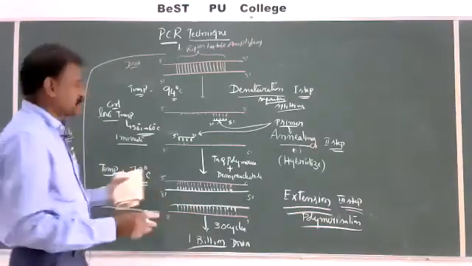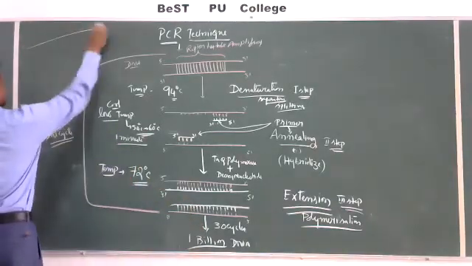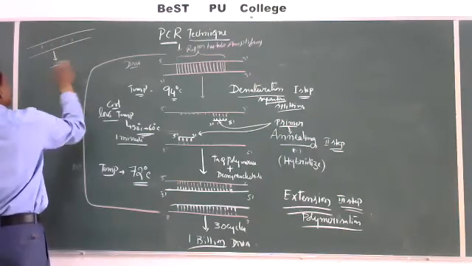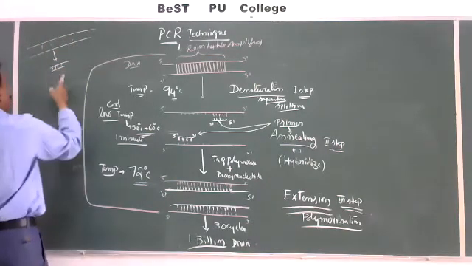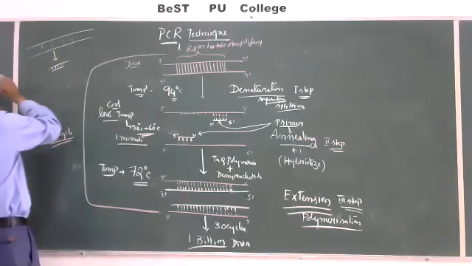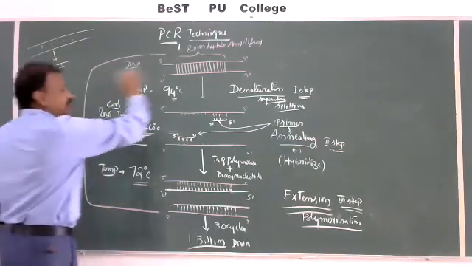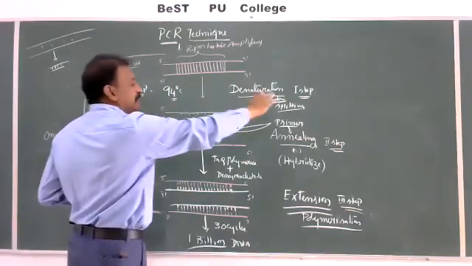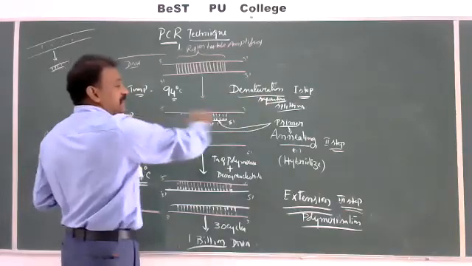No need. Once we have received a DNA, isolation of DNA, from that DNA we have received a single piece. How? By cutting with restriction endonuclease, by moving in the electrophoretic plate, restriction fragment length.